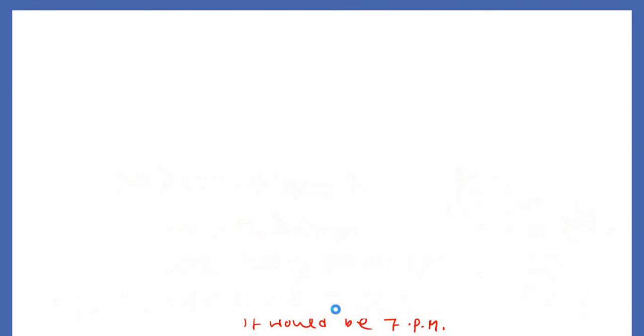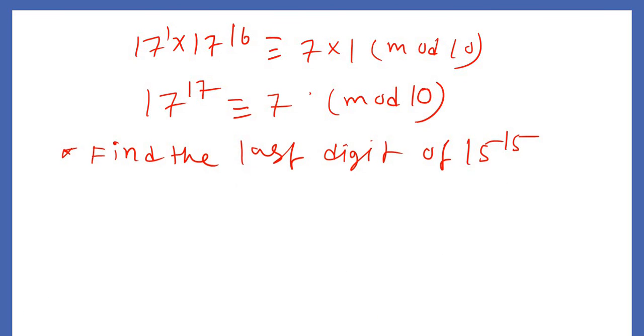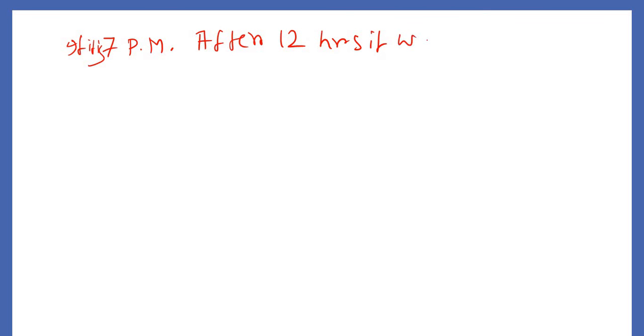12 hours is included there. So if it is now 7 pm, after 12 hours, it would be what? It would be 7 am, right? Because आज अगर शाम का 7 pm है तो 12 घंटे बाद कितना होगा? 7 am होगा, सुबह 7 बजे होगा.